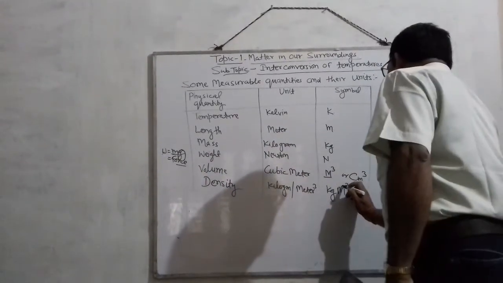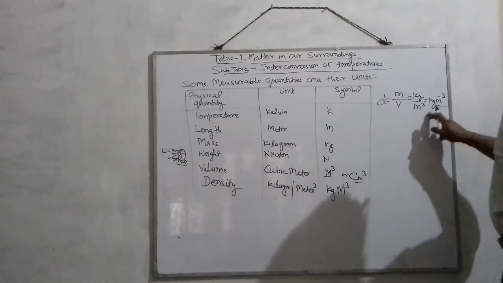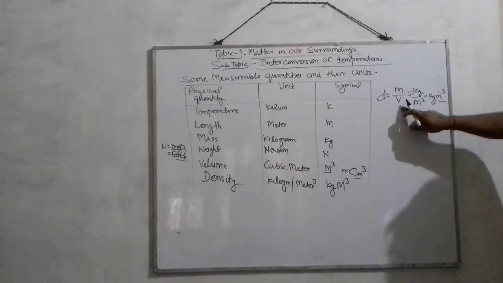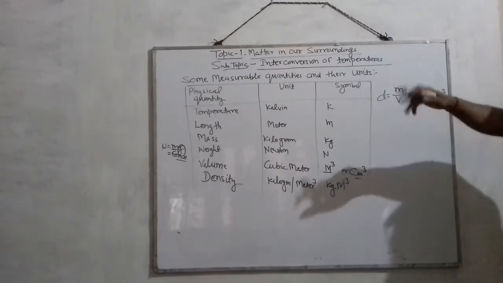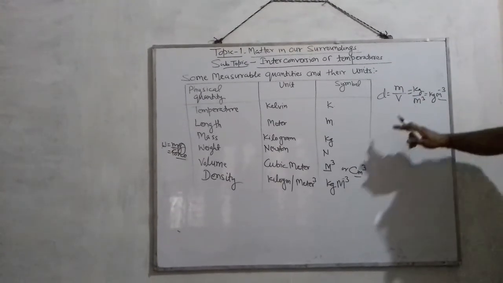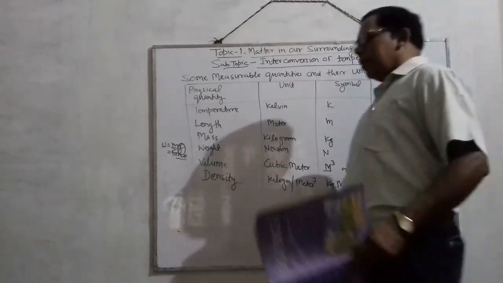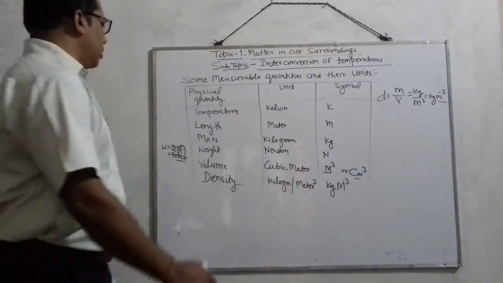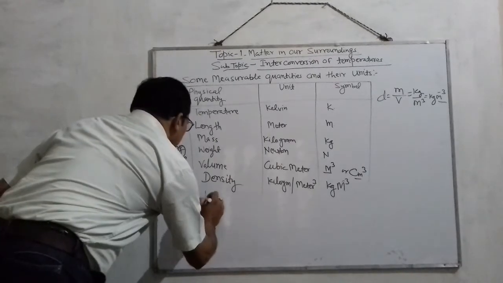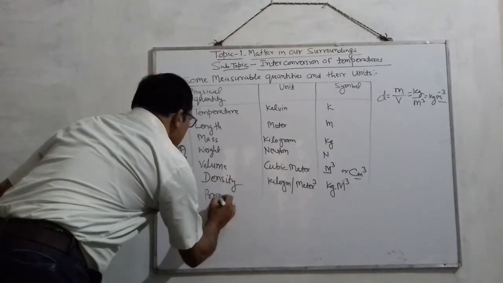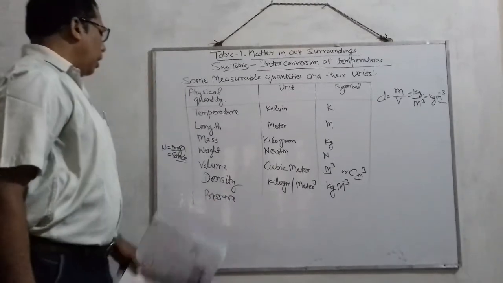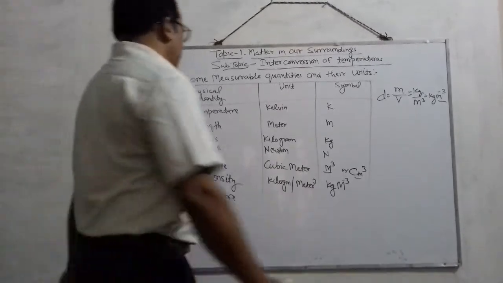So kg m to the power minus 3 is the symbol of density, and the unit is kilogram per cubic meter. Alright, students. Next physical quantity is pressure, and the unit of pressure is the Pascal.